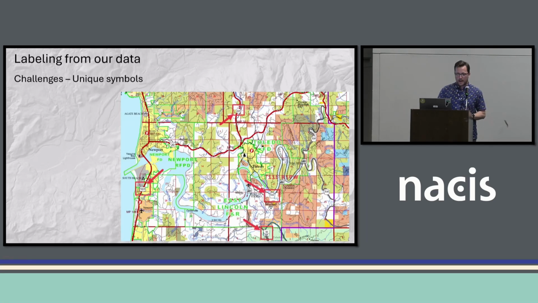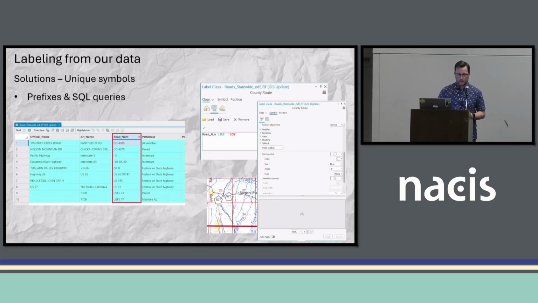Another thing that's a lot more straightforward to do with annotation that we had to figure out is highway symbols. We have county, state, and interstate, which all use different shields. It's pretty easy to deal with these with annotation, but we have to do some tricks to get it to work with our labels. This is where those prefixes come in our road number field.